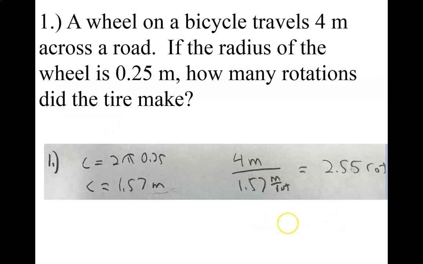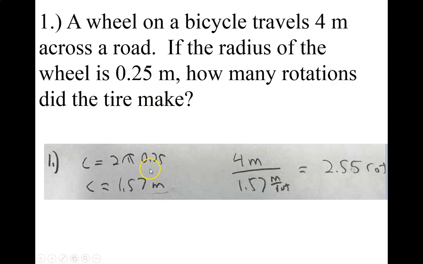A wheel on a bicycle travels 4 meters across the road. If the radius of the wheel is 0.25 meters, how many rotations did the tire make? We know that each time it makes one rotation, it's going to travel one circumference. So the first thing we want to do is figure out the circumference.